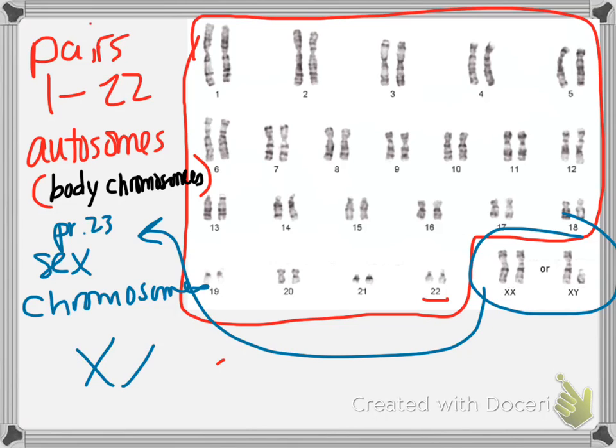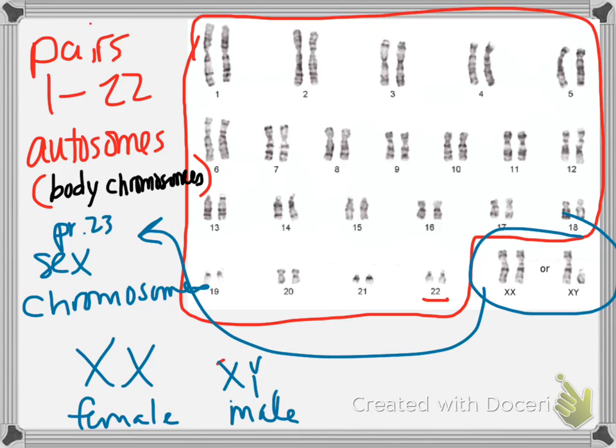So, on these sex chromosomes, the usual configuration is XX, biologically female, XY, biologically male. Now, that is biological sex, okay? So that is primary sexual characteristic. That is which gamete you produce.